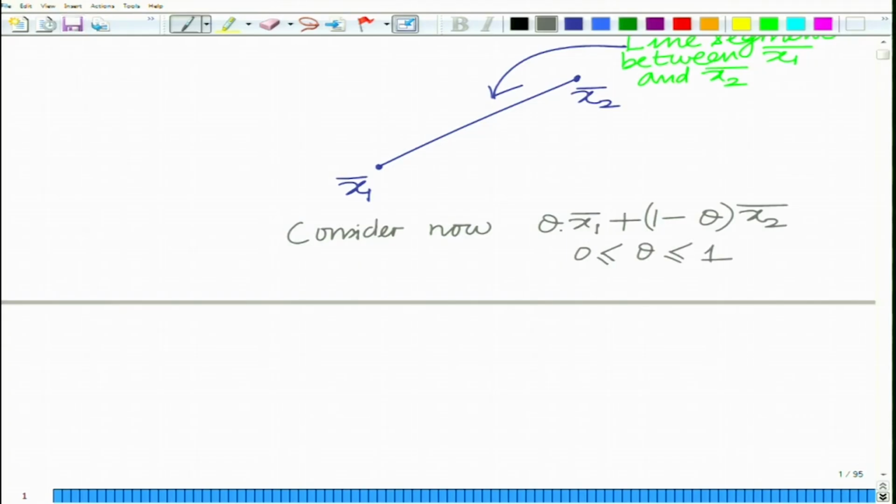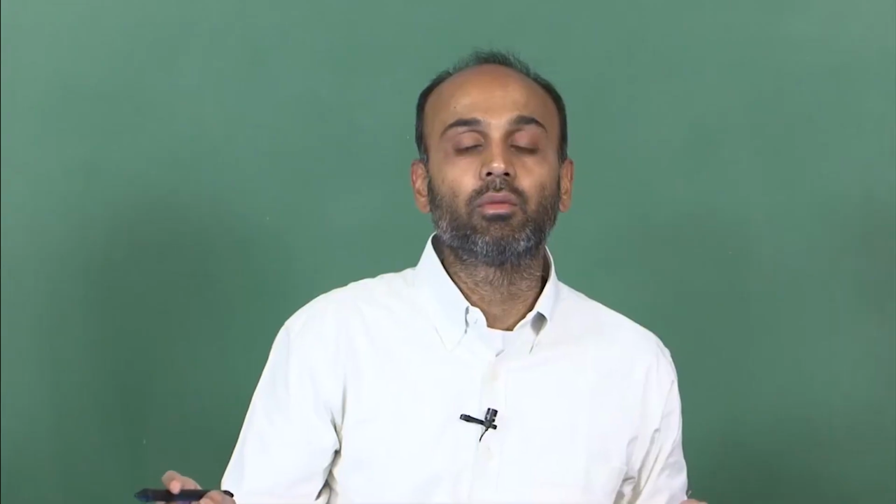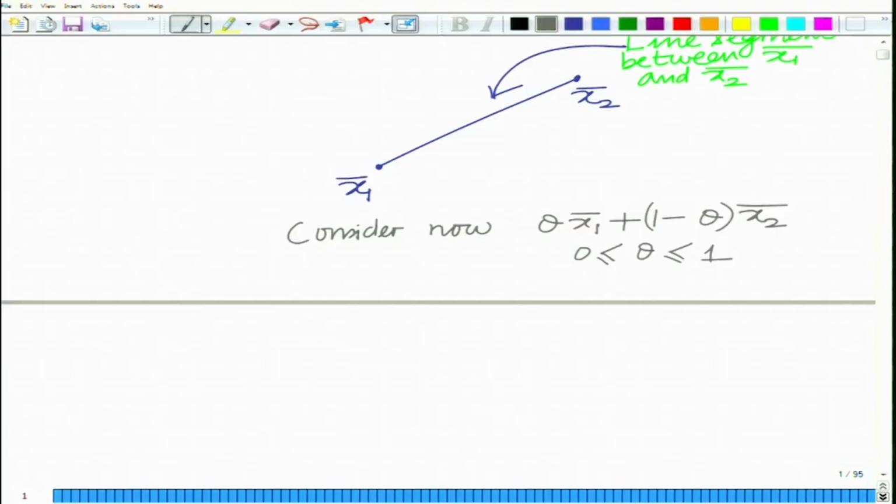Okay. So, we are considering a combination of x1 bar and x2 bar with the weights theta and 1 minus theta, that is theta times x1 bar plus 1 minus theta times x2 bar. And another important aspect to note here is that we are not allowing any value of theta, but only values of theta lying between 0 and 1. Okay. And now, let us take a look at the various such points generated by this combination.